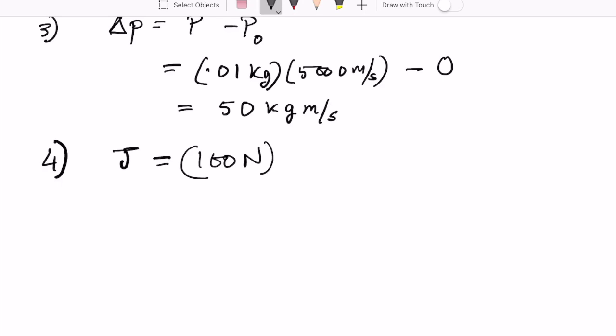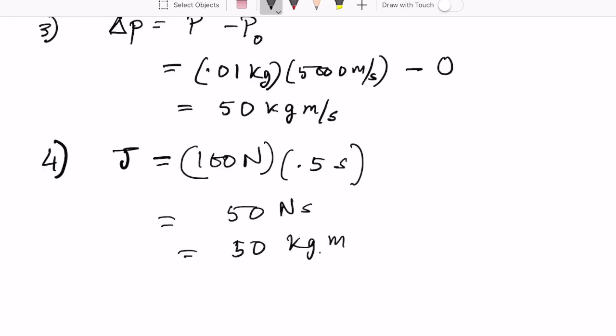So it's just going to be 100 newtons multiplied by the time that the force acts for, which is 0.5 seconds. So this is going to be 50 Newton seconds. And you can easily convince yourself that Newton seconds is the same thing as kg meters per second, because newtons is kg meters per second squared.